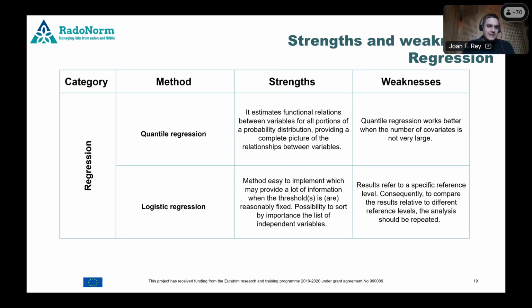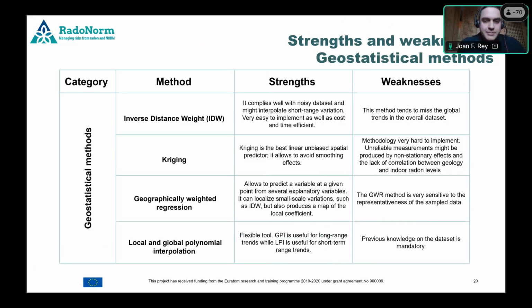For the geostatistical methods, these are tools that provide an interpolation, and basically they all require prior knowledge regarding the dataset to which we are willing to apply the method.